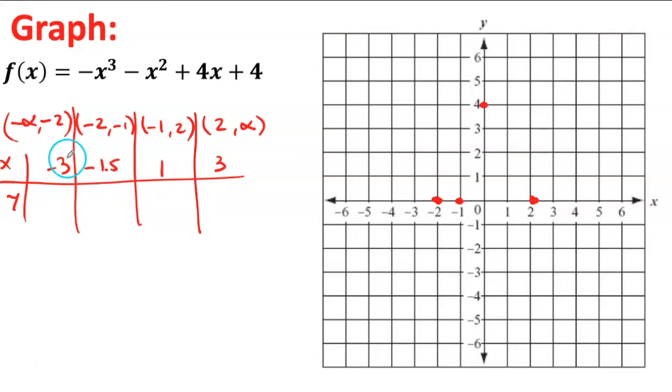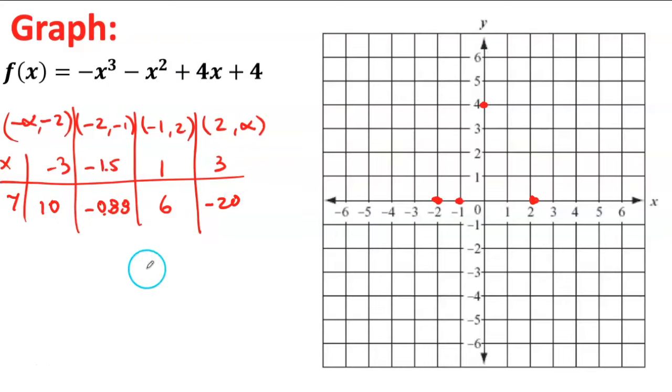Now I need to plug this information on here and get the values. If I plug -3 on my function, I'll get +10. If I plug -1.5 here, I'll get -0.88. Let's round it. Next one, 1 is going to give me 6, and 3 is going to give me -20.